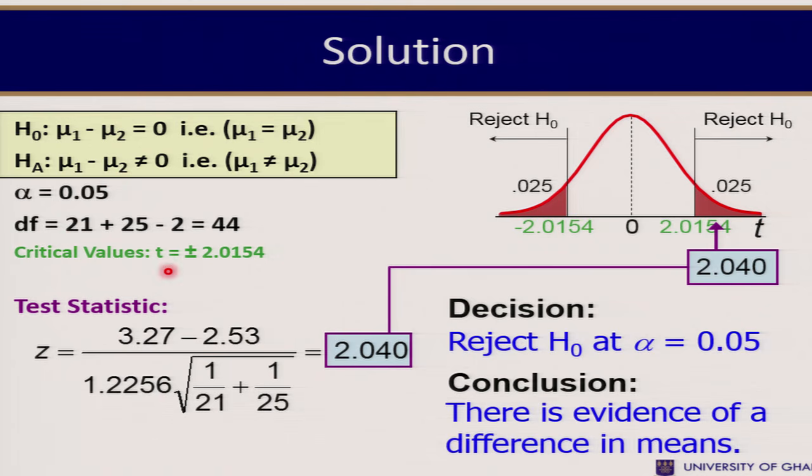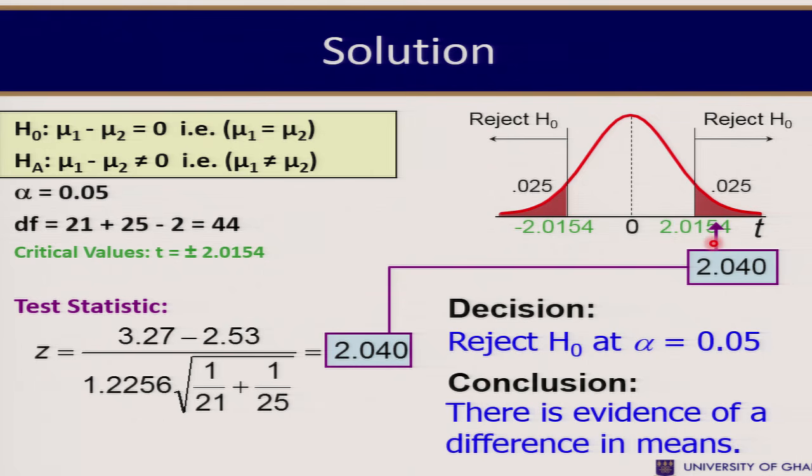From our t-tables, our critical value is t alpha over 2 because it's a two-tailed test, and it gives us 2.0154. So you see, on the left side we have negative 2.0154, and on the right side we have positive 2.0154. Our test statistic actually gives us 2.040, which is bigger than our critical value.